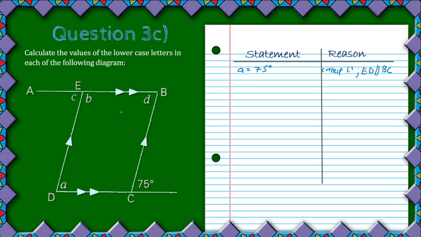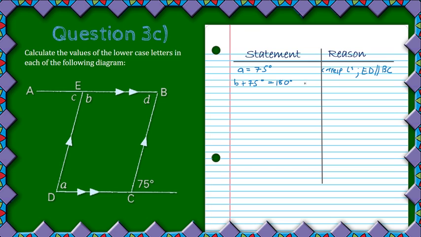And then for B, B and A are co-interior angles. So those two add up to 180 degrees. So B plus 75 degrees is equal to 180 degrees.